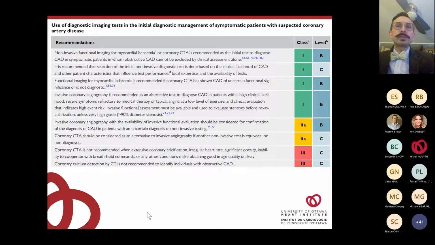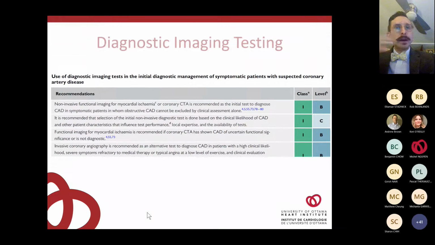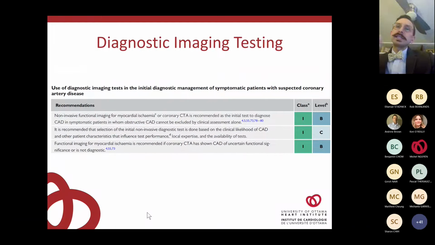I'll point out a few specific highlights from these guidelines. The ESC gives a Class 1 recommendation for either functional imaging or cardiac CT as the initial test to diagnose CAD. And it's recommended to make the decision regarding modality based on several factors, including the clinical likelihood of CAD, patient characteristics that influence test performance, local expertise, and local availability.